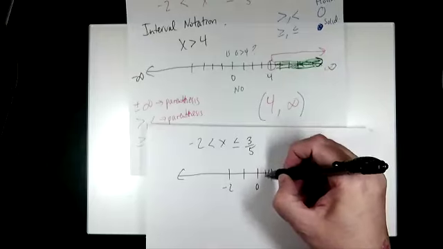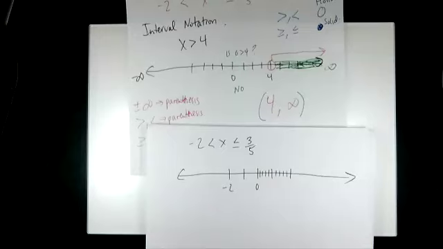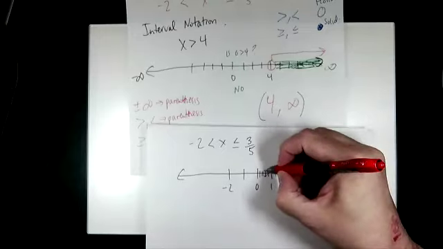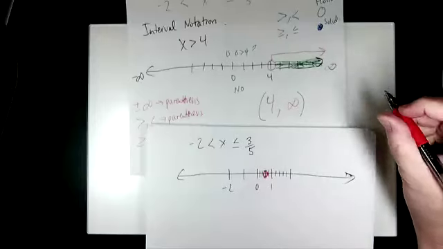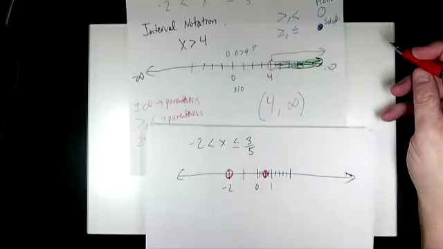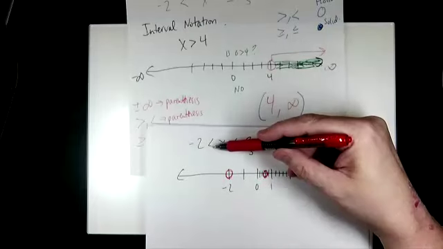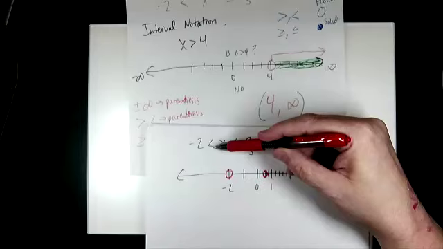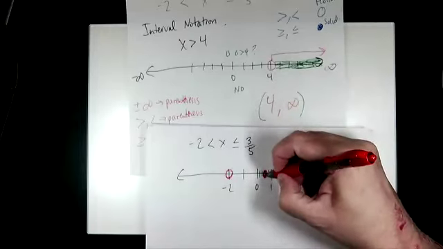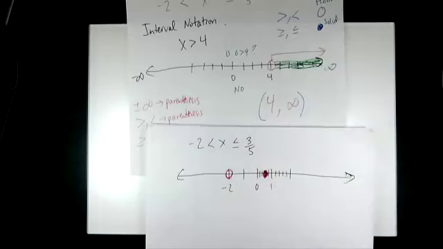So 3/5, if that's a 1, 3/5 is 3 steps of the way there, and negative 2 is here. The negative 2 has no equal portion, so we're going to leave it hollow. The 3/5 has an equal portion, so we're going to fill it in.